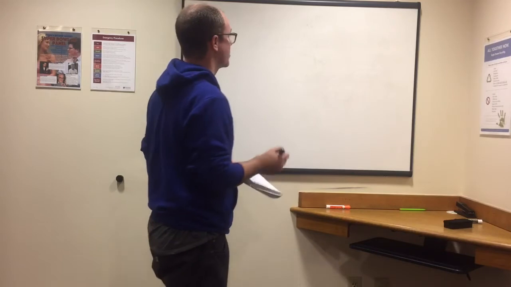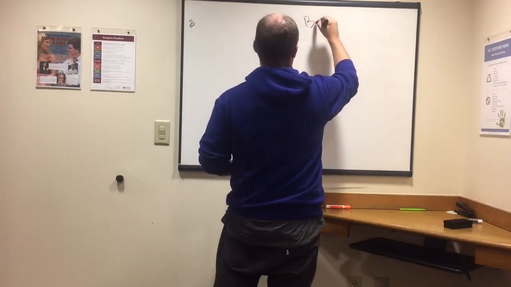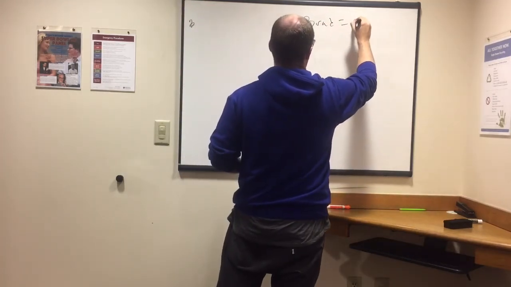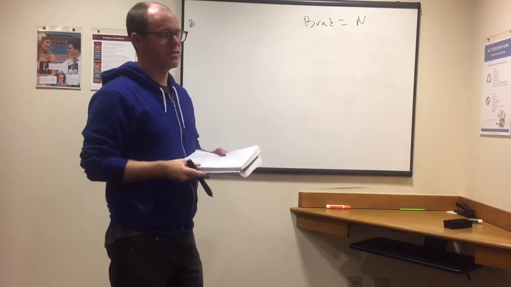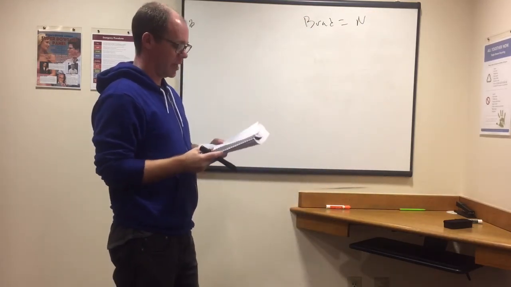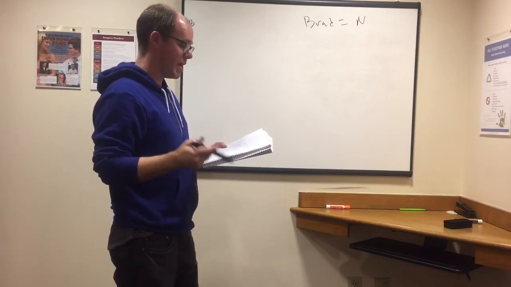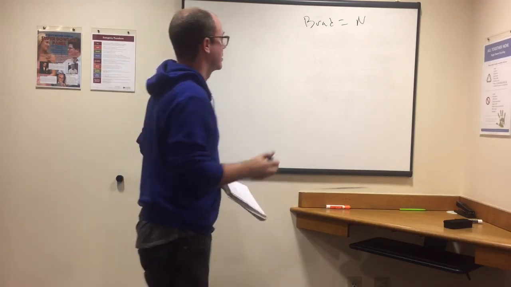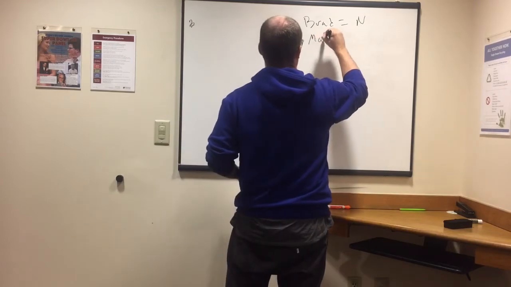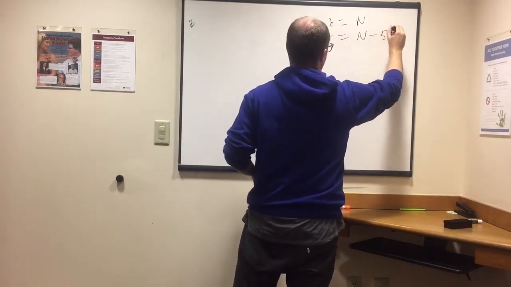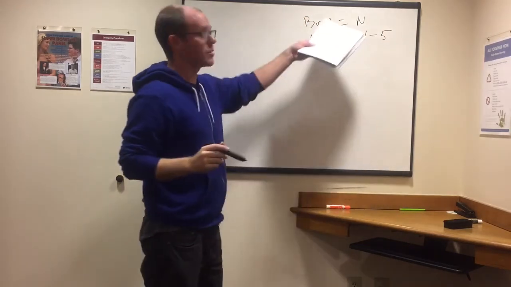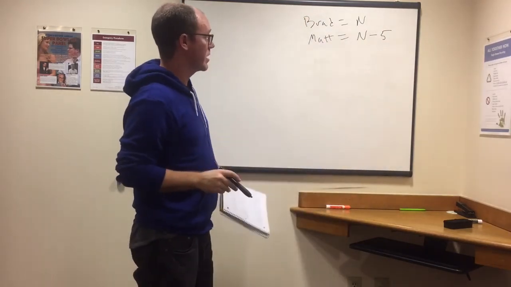So it said Brad was N years old, right? So right away, Brad equals N. You have to kind of think of it in terms of the variable here. And then the next thing it said, Matt is 5 years younger than Brad. So for Matt, he is Brad minus 5, which now we're going to say, because Brad equals N, N minus 5.